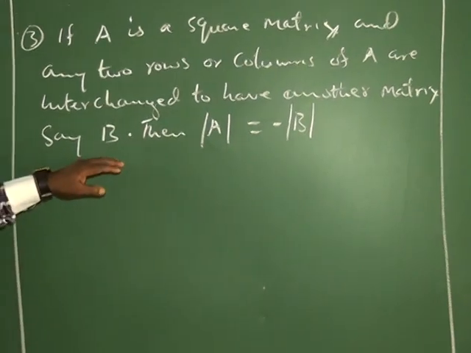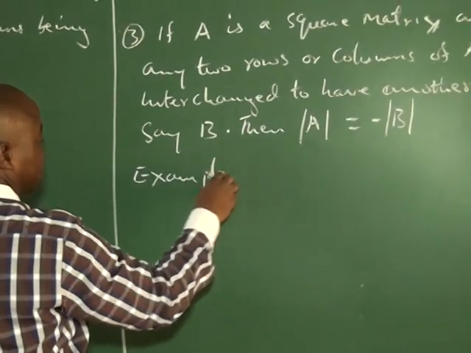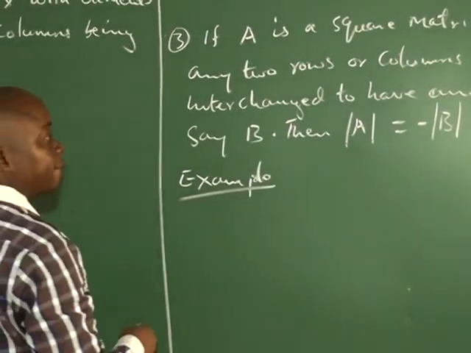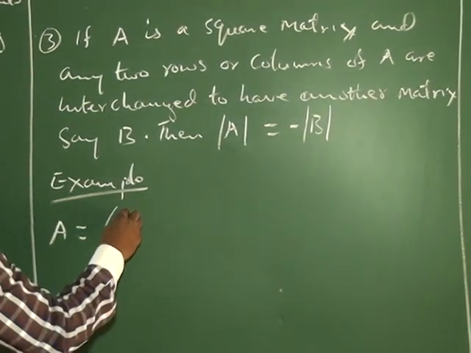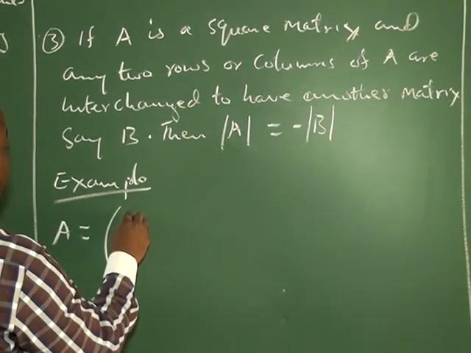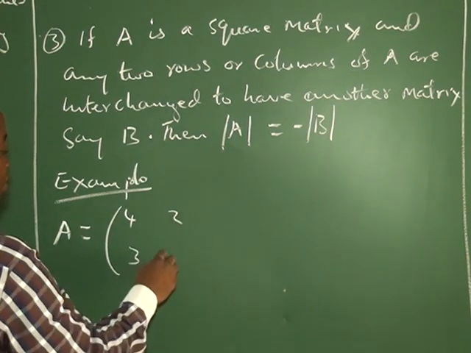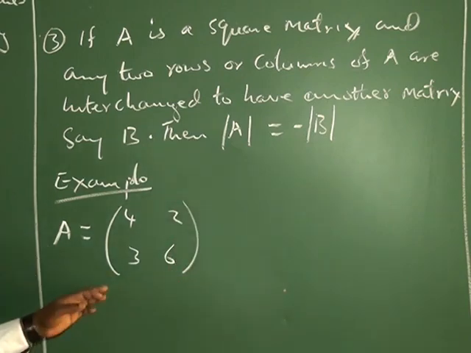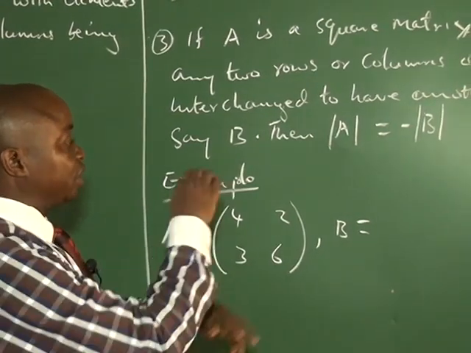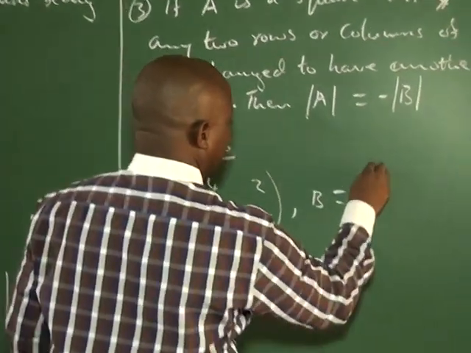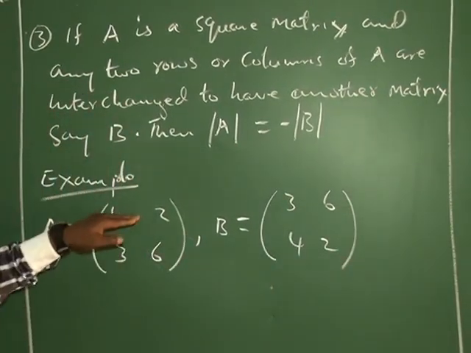Now, let's pick an example and also see it. Here, if we have A equal to maybe 4, 2, 3, 6, that is a matrix. And then we say another matrix B, we interchange the rows. So I'm going to write 3, 6, 4, 2. I'm interchanging now. Carry this one to here.